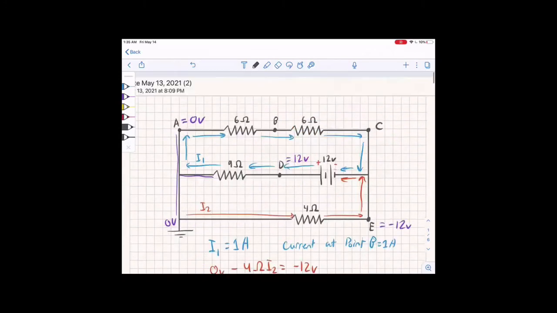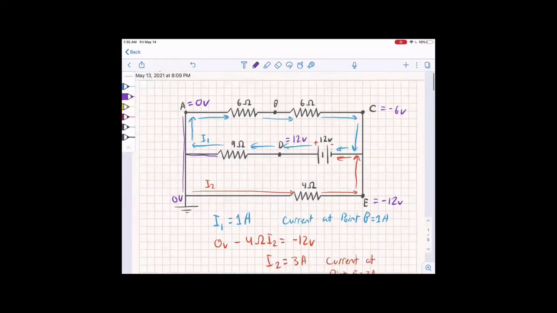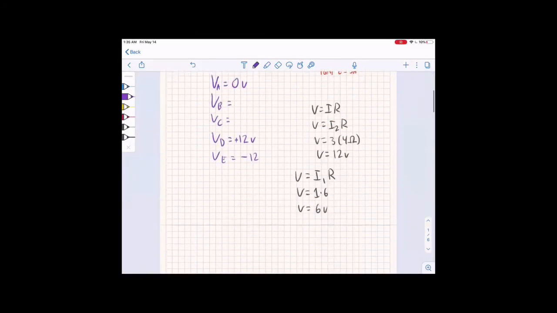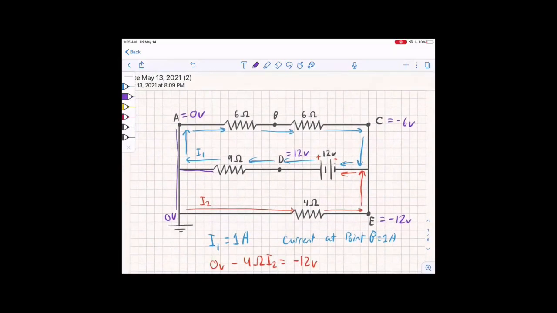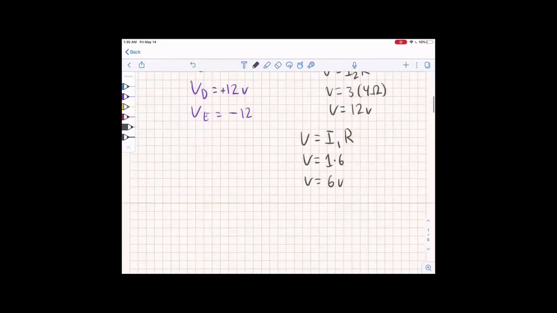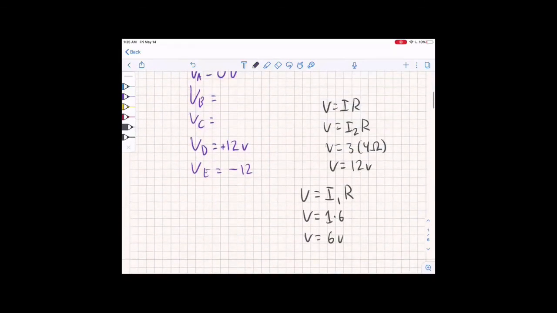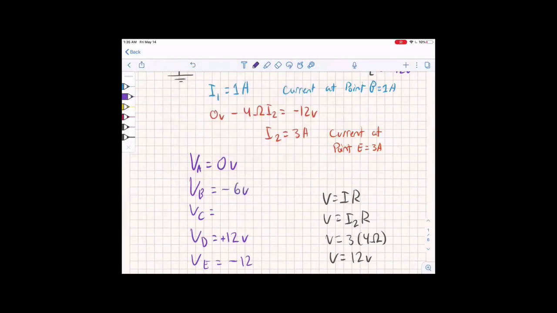This is also going to be negative since it's on the negative side of the battery, so it's negative 6 volts. Going across here, we do the exact same thing for point B and get the exact same answer. At these 2 points, the voltage is both negative 6 volts.